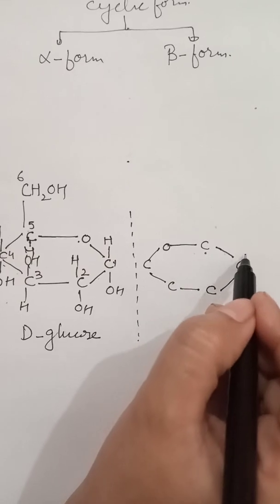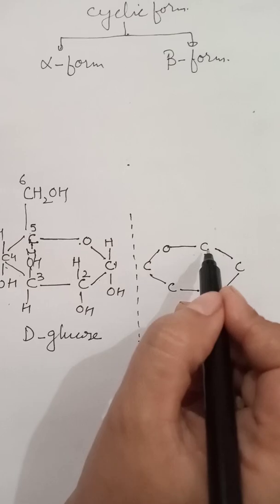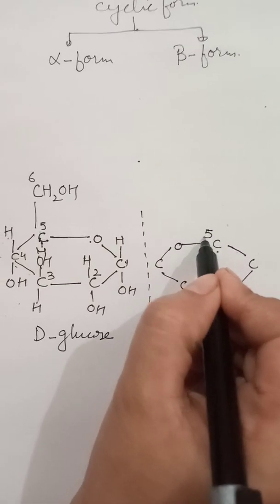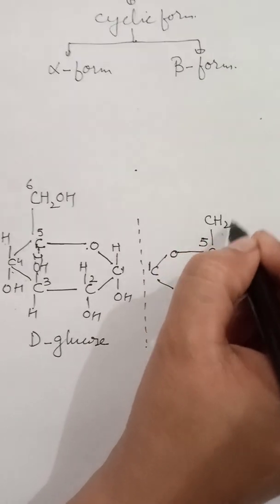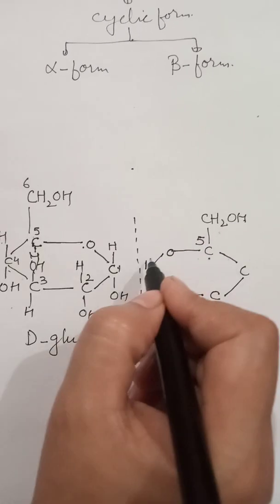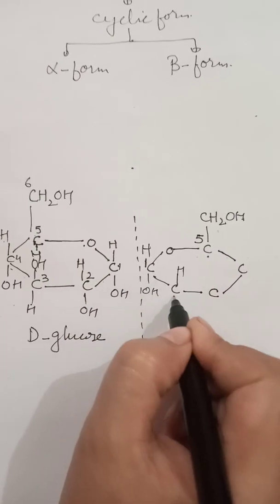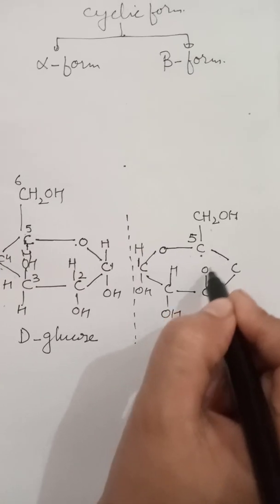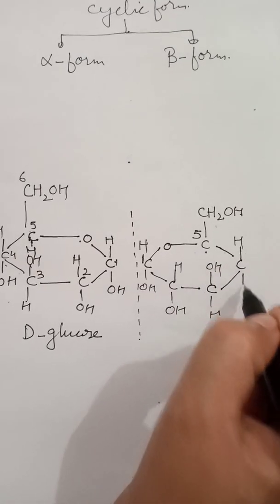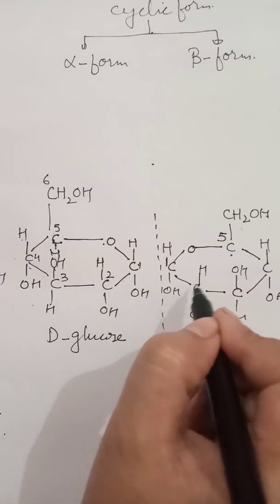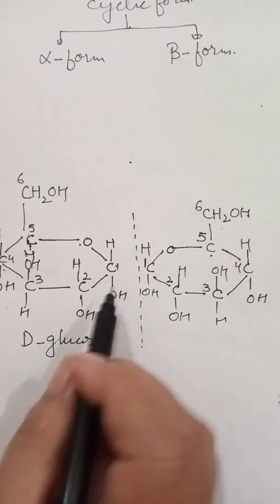So this is carbon number 5, and this one is carbon number 1, and then this one is CH2OH. Now this one hydrogen, hydroxyl group, then again hydrogen, hydroxyl group, then hydroxyl group and hydrogen, and last one is hydrogen and hydroxyl group. So this is carbon number 1, 2, 3, 4, 5, and this is carbon number 6.